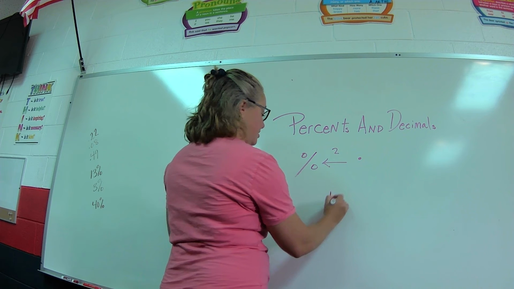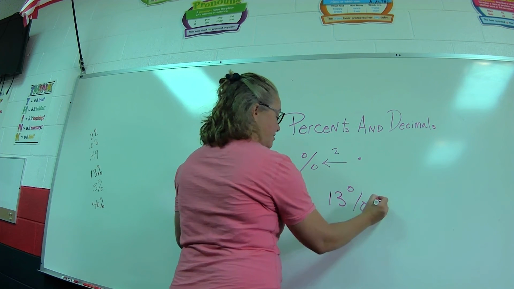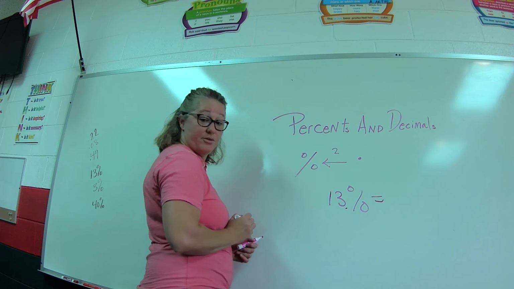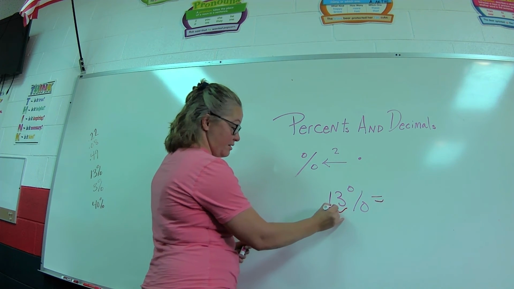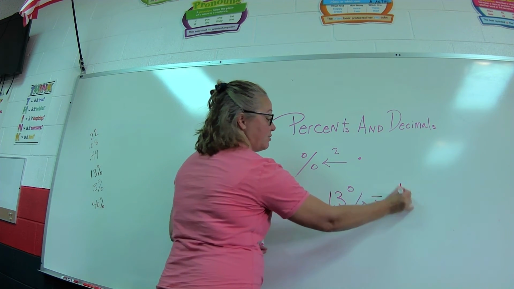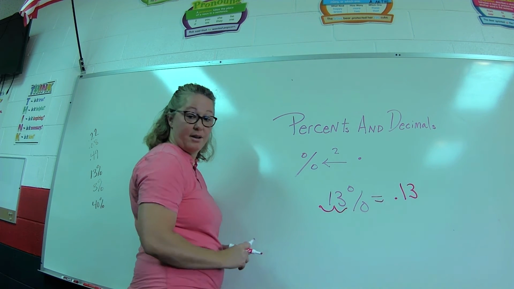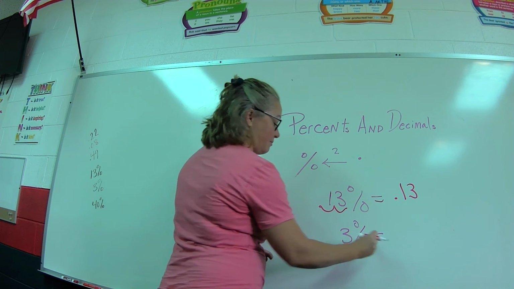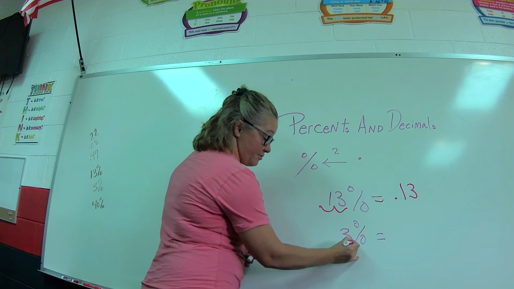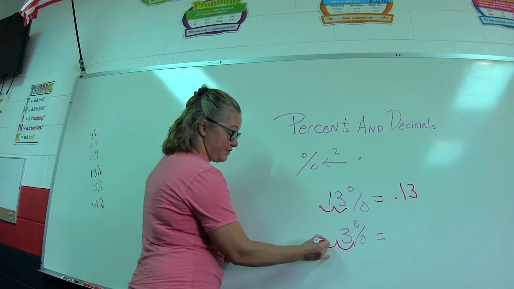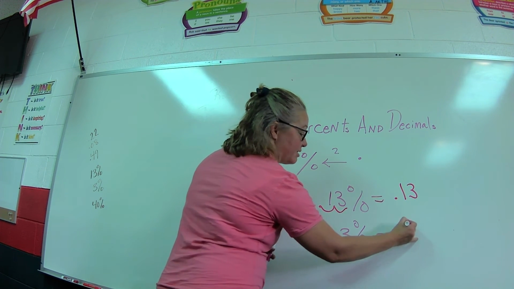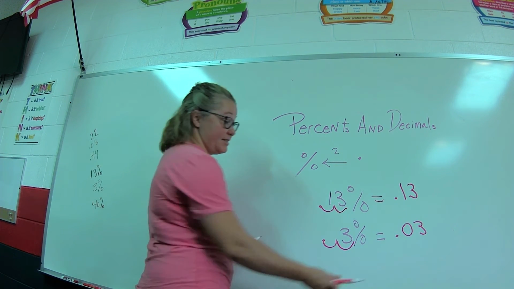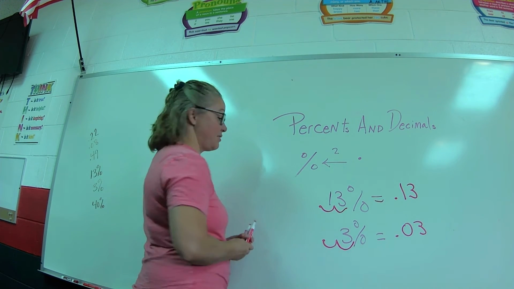So let's practice. 13% equals, here's my decimal, if it was a whole number, 1, 2, so it's 0.13. All right, if you have 3%, decimal, 1, 2 to the left, that means I have 0.03, because again, percent is in the hundredths place, so that 3 is then in the hundredths place.